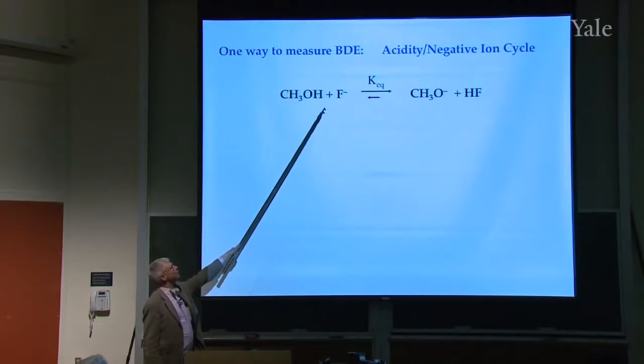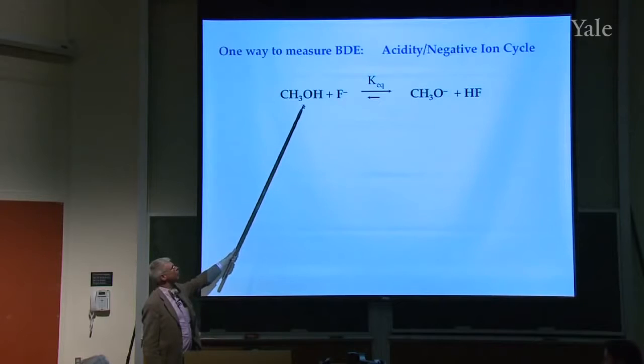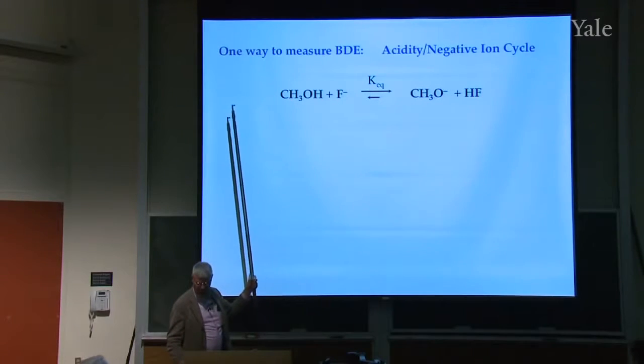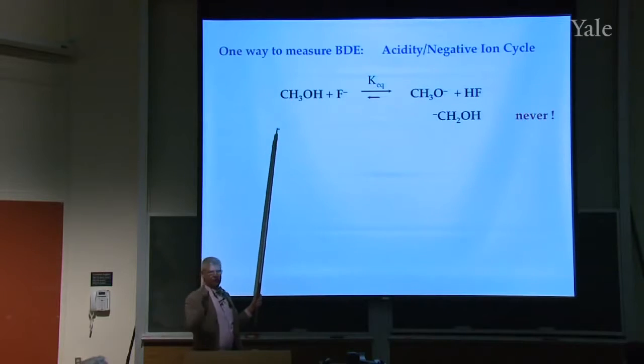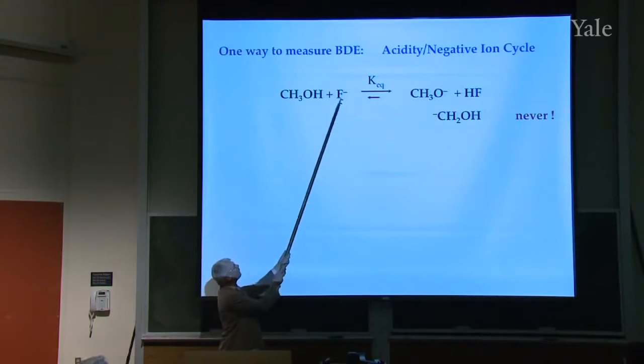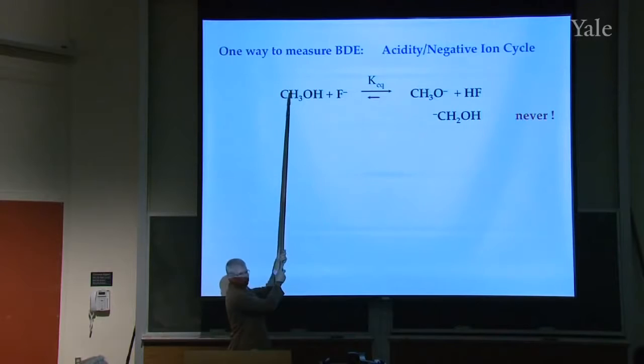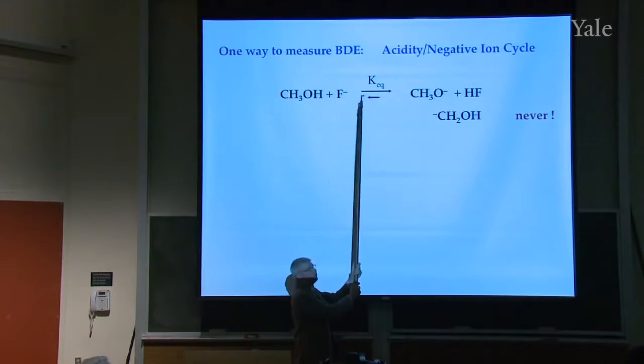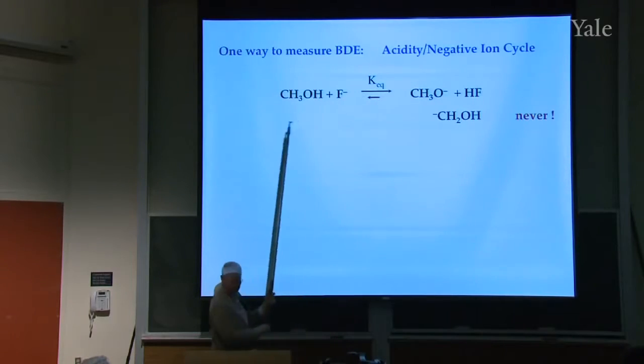Fluoride ion is going to attack the methanol, pull a proton off, and form methoxide ion. The fluoride ion will never pull the proton off the carbon, because the negative ion that you get has the electron sitting on the carbon, and the oxygen is more electronegative, so you'll always get the top ion.